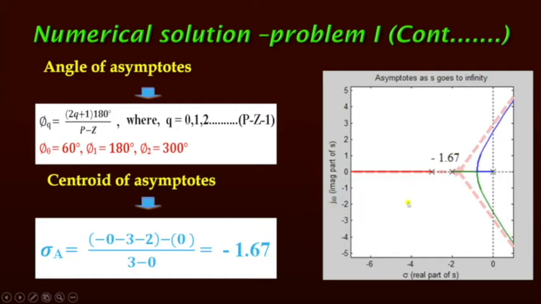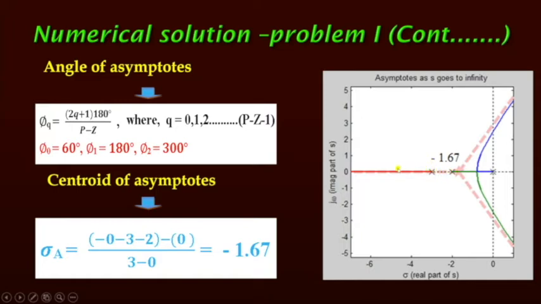Then draw the asymptotes, the centroid of asymptotes, and the angles of asymptotes in the s-plane. Here is the centroid at -1.67. Then draw 60 degrees from this real axis; this angle is 60 degrees. Then draw 180, so this is 180.